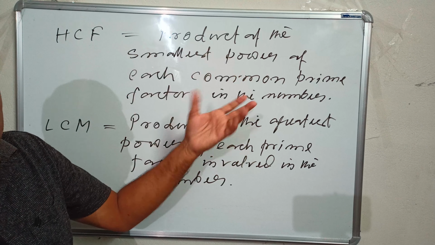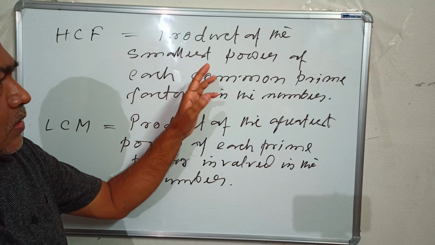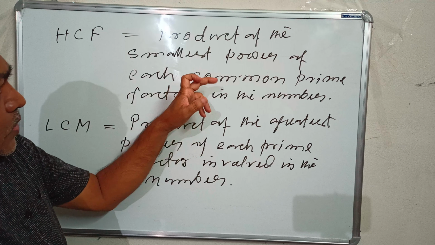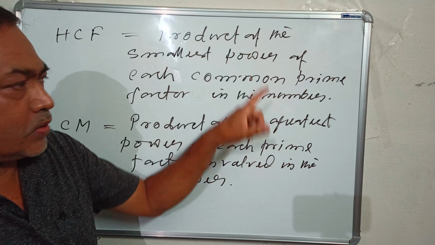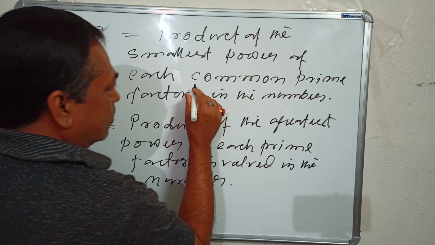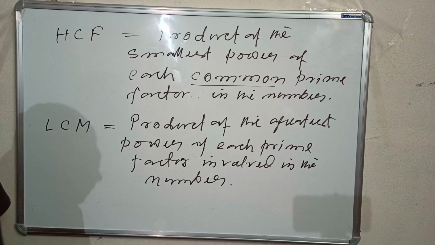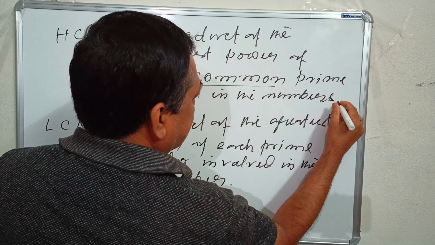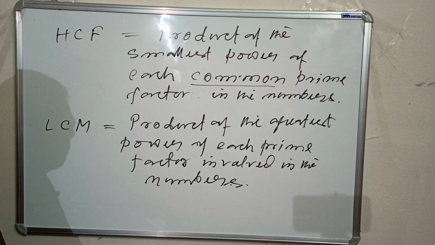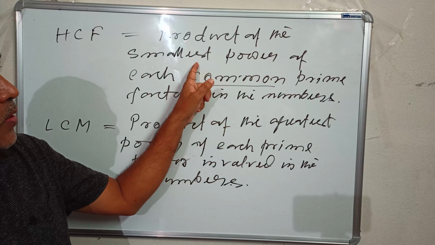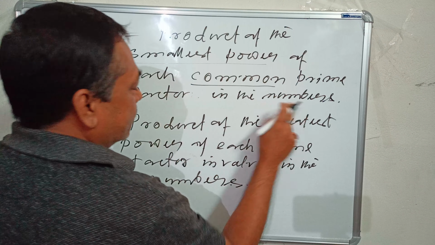You have factorized them by the prime factorization method and expressed them as powers of primes, and you find the smallest power of each common prime factor in the numbers.